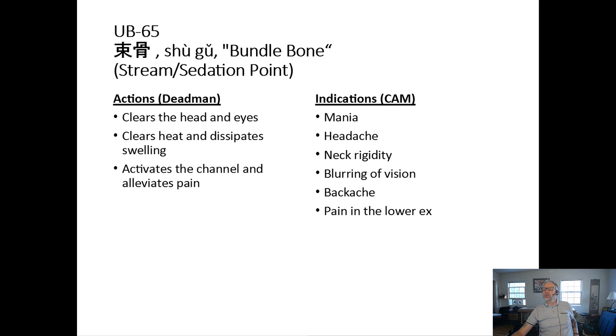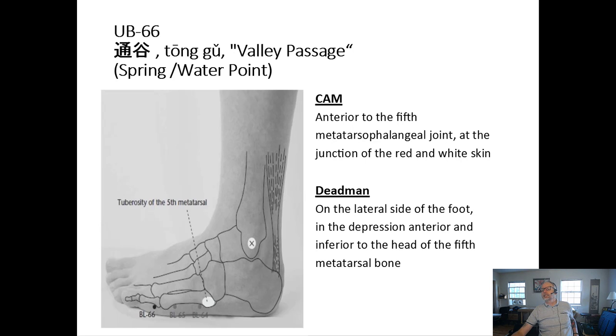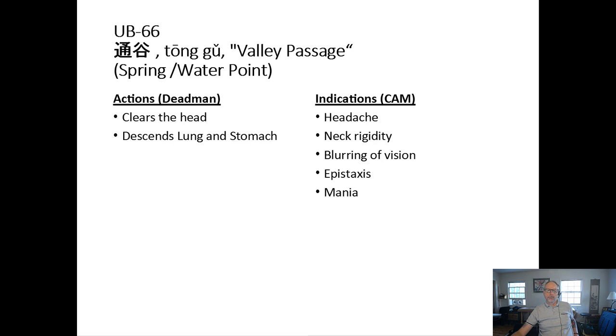So really this point is the shu stream, but because it's a shu stream, they have a better ability to clear heat, dissipate swelling. UB66. On the lateral side of the foot, any depression anterior and inferior to the head of the 5th metatarsal bone. Clears the head, descends lung and stomach rebellious chi.